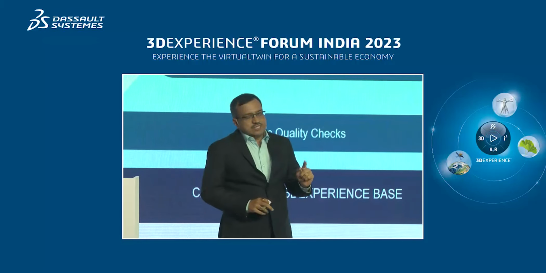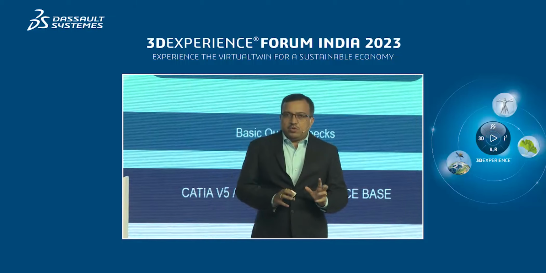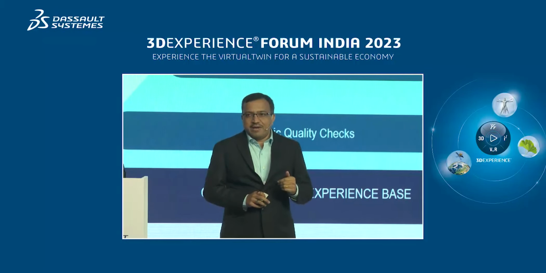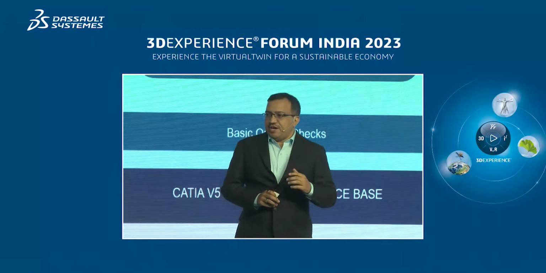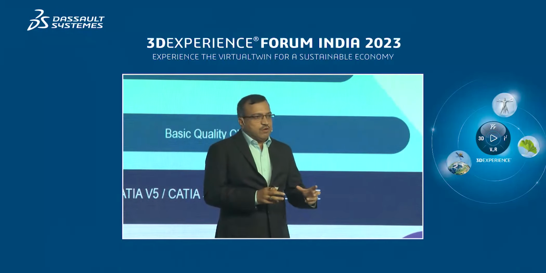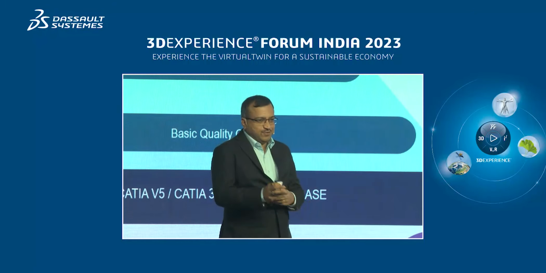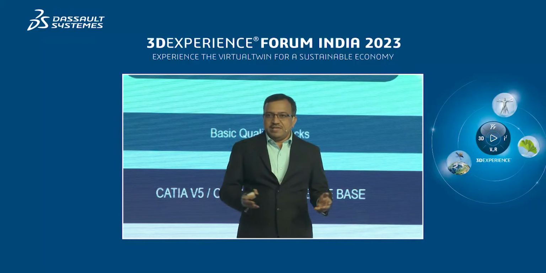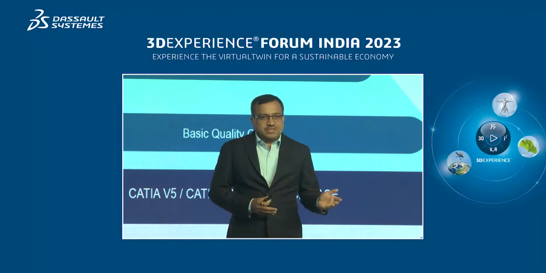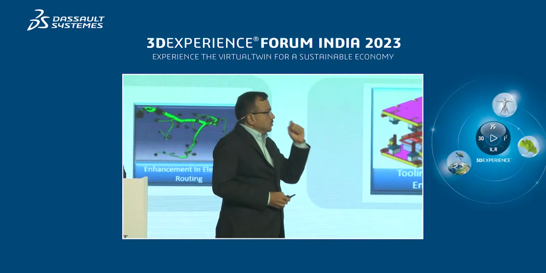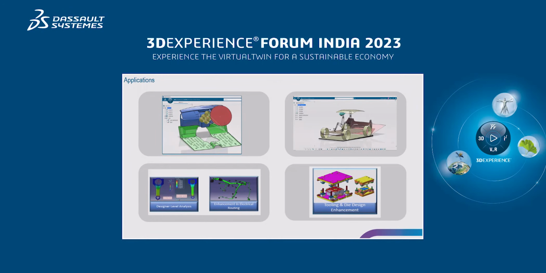With these aspects, which we are going to cover in coming days, in our case, we have our own app store. We have built so many applications on top of CATIA that we have our own app store, like a Google Play Store, and we give users a variety of applications which can reduce their time and improve the quality. So these are certain examples we cover.